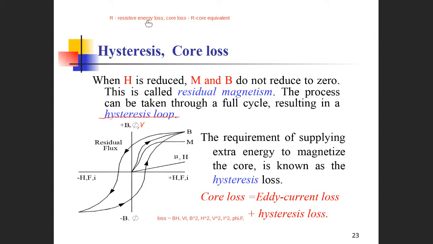One is the resistive energy loss, R. The other one is the core losses, because of eddy current losses and hysteresis losses.